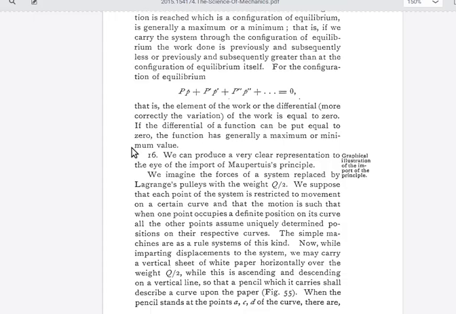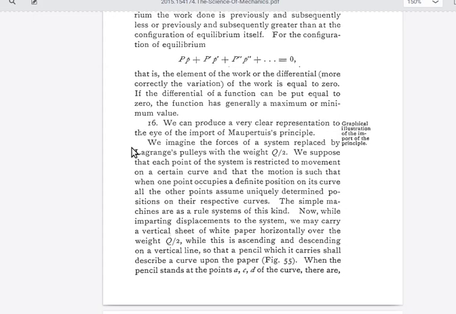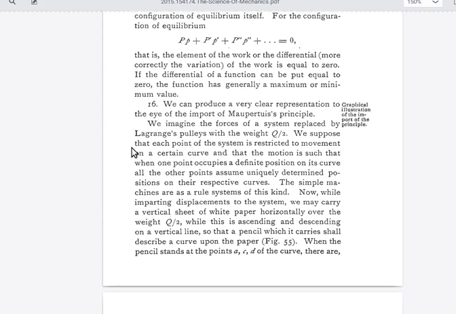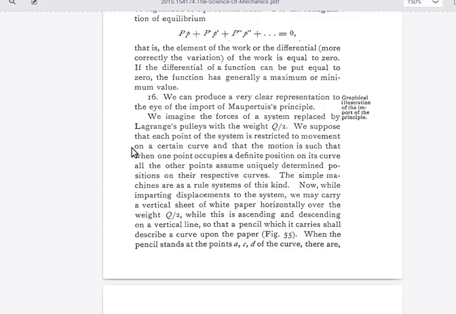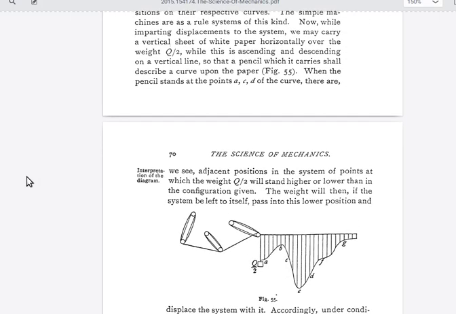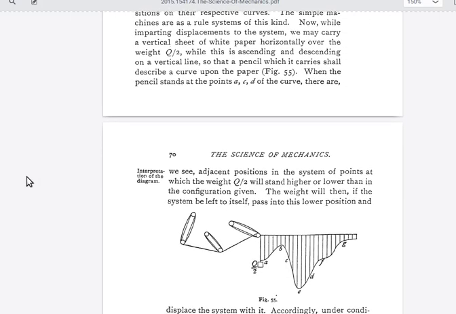We imagine the forces of a system replaced by Lagrange's pulleys with the weight q over 2. We suppose that each point of the system is restricted to movement on a certain curve, and that the motion is such that when one point occupies a definite position on its curve, all the other points assume uniquely determined positions on their respective curves. The simple machines are, as a rule, systems of this kind.